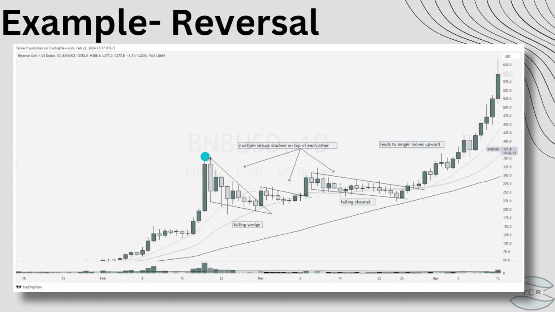You have this extension up here, right, where you probably have a lot of FOMO buyers stepping in. But again, you want to stay away from things that are just ripping face. If it's ripping face, you can assume that one of two things is going to happen. Either you're going to enter and get slaughtered, or you're going to wait for a pullback and get just as great of an entry opportunity.